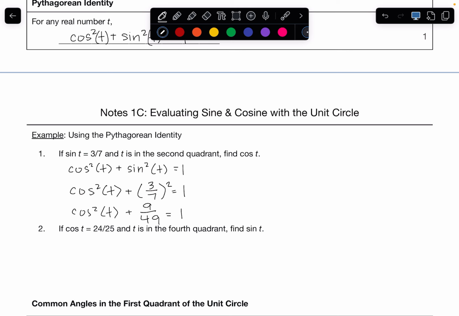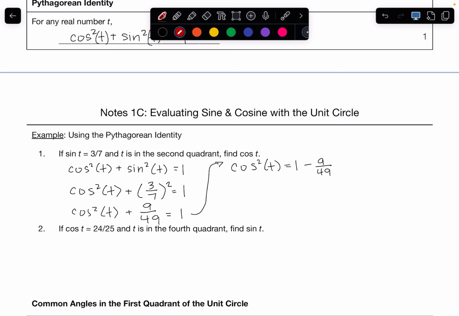Very good. We're going to subtract that 9 over 49. I'm going to subtract this constant from both sides. So I'm going to end up with cosine squared t equals 1 minus 9 over 49. And off to the side, I'm going to do a little fraction math. In order to subtract fractions, I need them to have the same denominator.